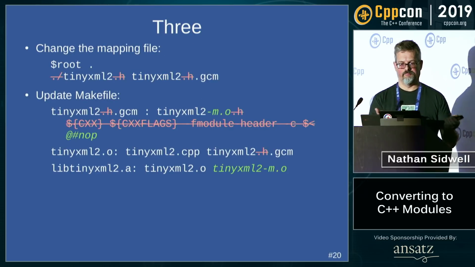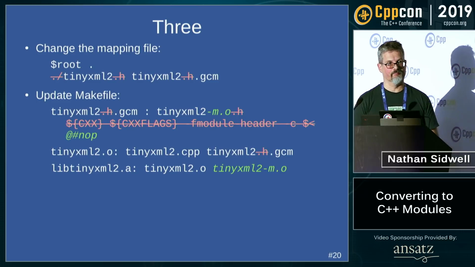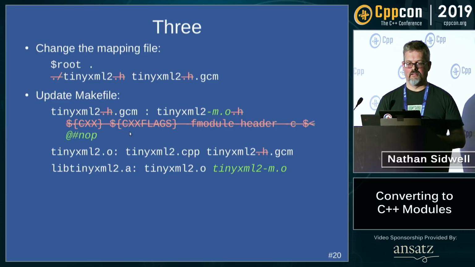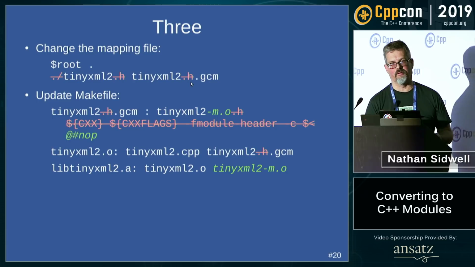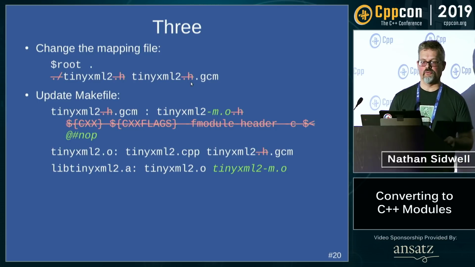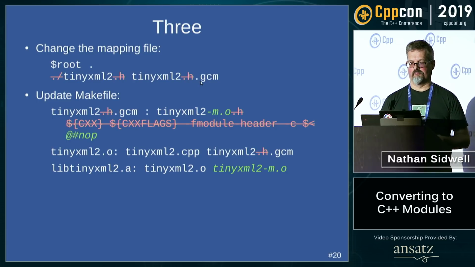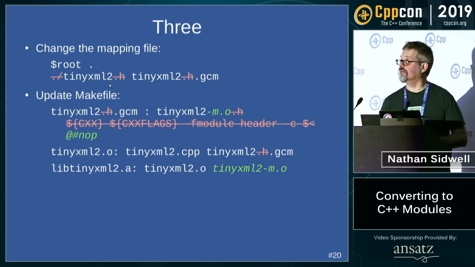Right. Oh, yes. And now we have to change bits of the build system, because we no longer have a header unit module. We have a named module. So we change the mapping file, and we probably don't want to put it in the same place as before, because that would just be confusing. So we'll put it in a different file, and the name of the module is just tinyxml2.